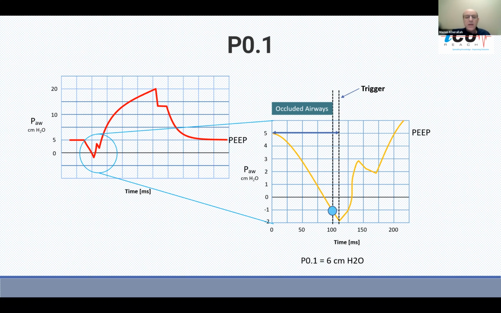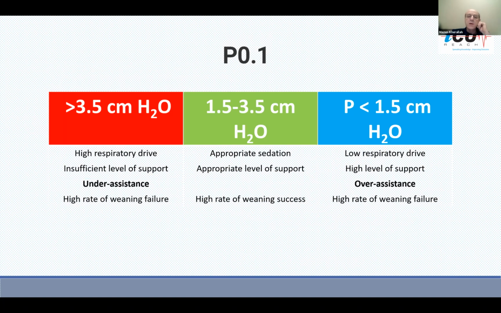So having a high P0.1, meaning that it is more than 5 centimeters of water, and in the literature, anything more than 3.5 centimeters is an indication that we have high respiratory drive. But it could also be an indication that you're not providing sufficient level of support.